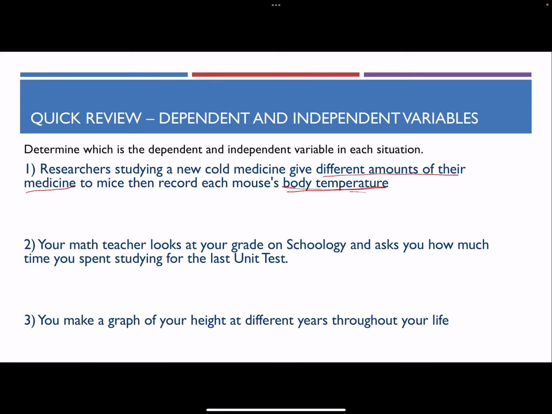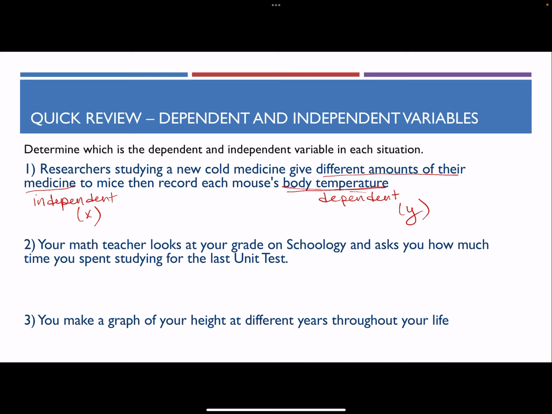Think about which one's independent and which one's dependent. Which one depends on the other? The body temperature is going to be dependent on the amount of medicine that they're given. So this one's independent, and because of that, this is your X and this is your Y.